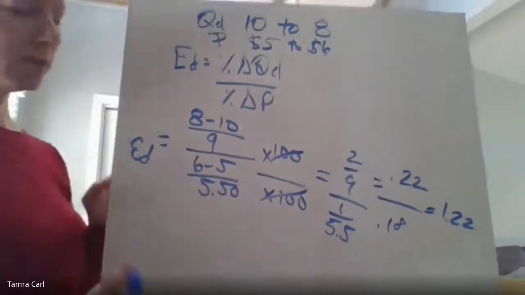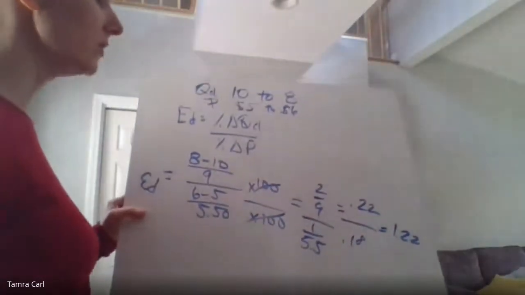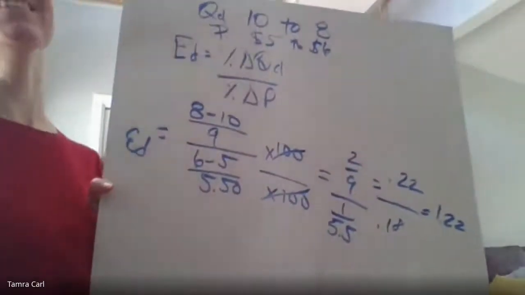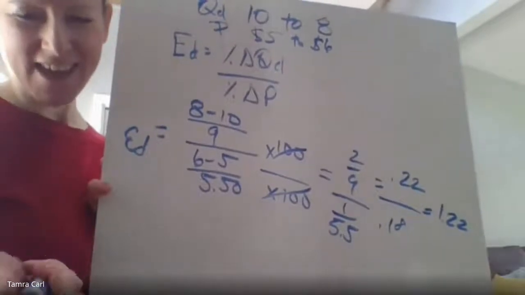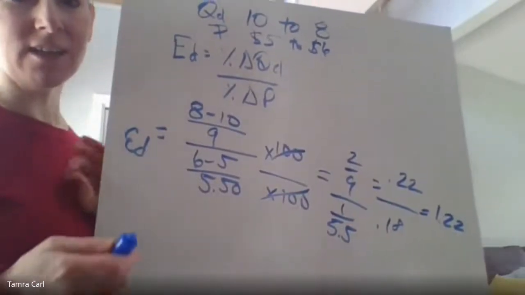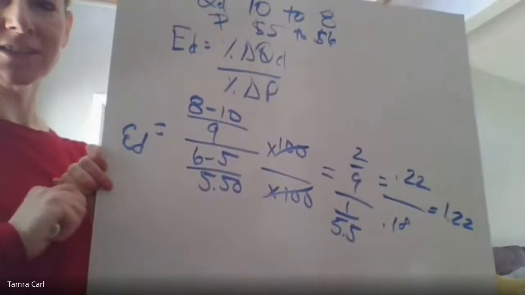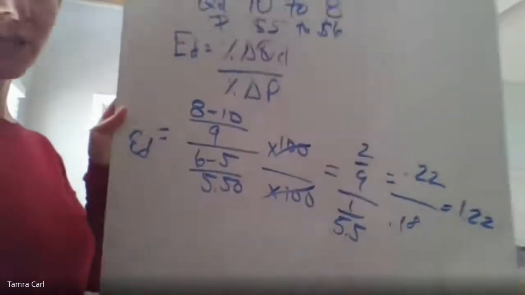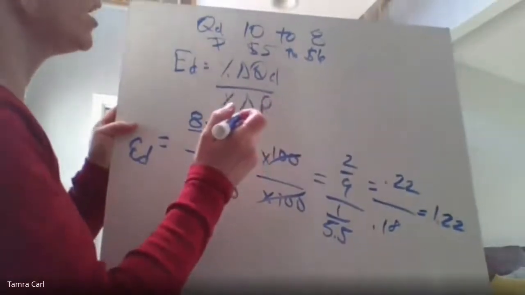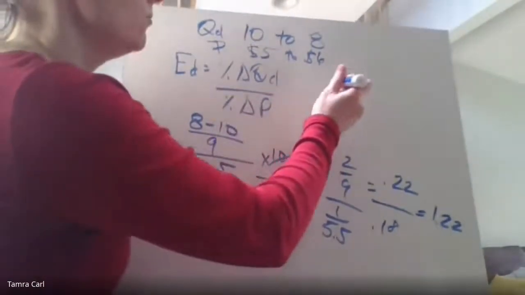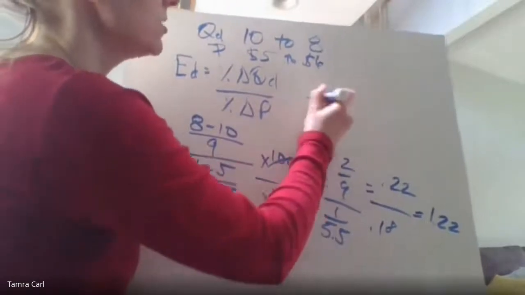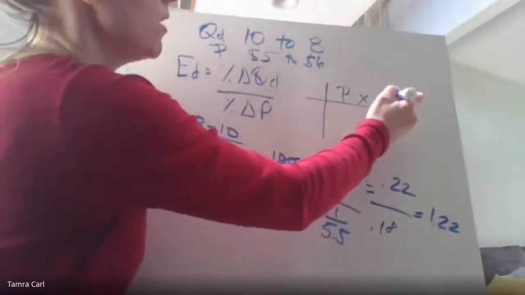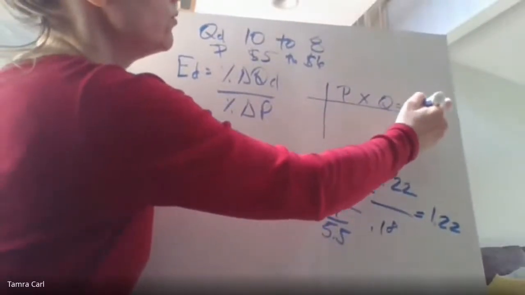The other thing is that I could have done, what a waste of time, you guys. If they didn't ask me to calculate it, I should have done the total revenue test. Shame on me, right? With the total revenue test, you've got your price times your quantity gives you the total revenue.